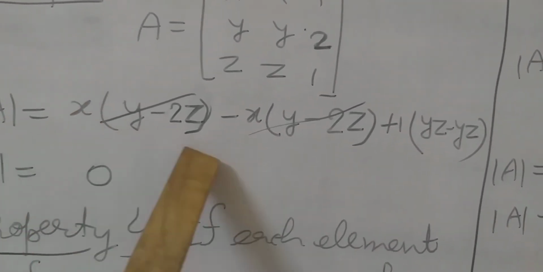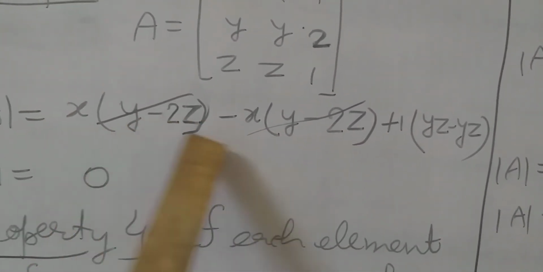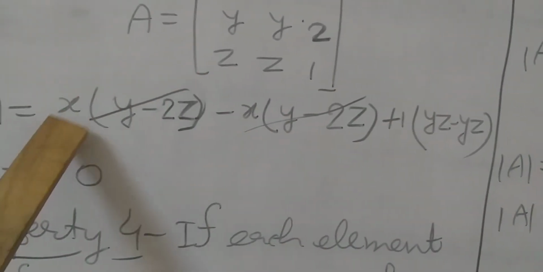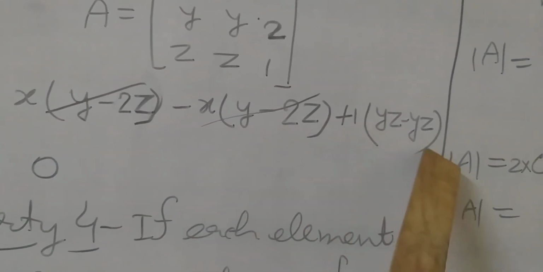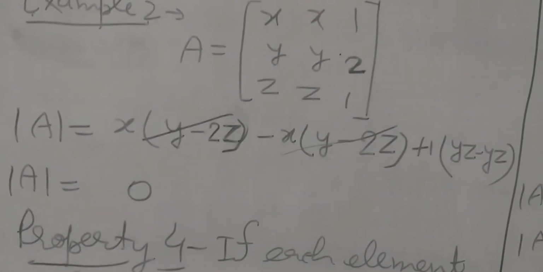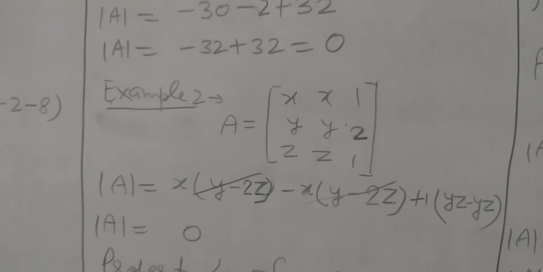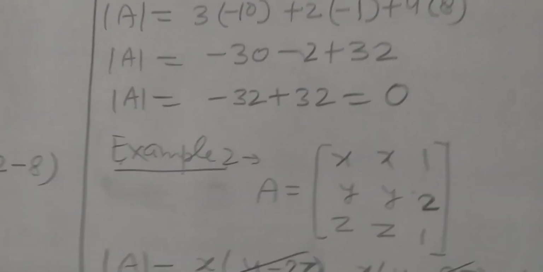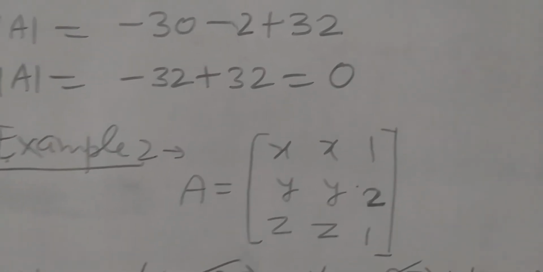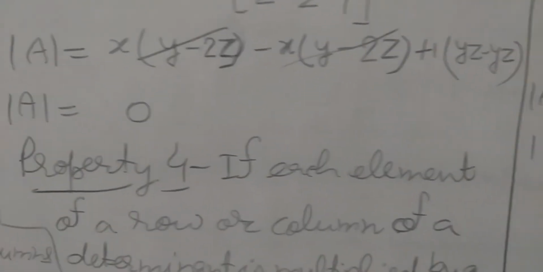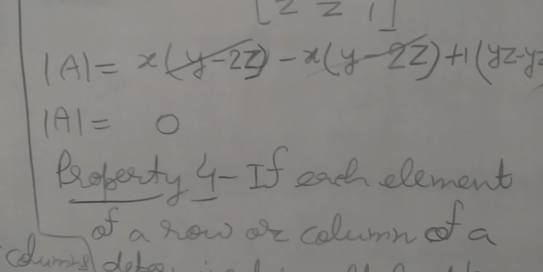So you can see this part and this part both are the same, but they have different signs, so both parts will cancel. yz minus yz is 0, 0 into 1 is 0, determinant is 0. So students, you have to remember that when two rows or two columns are identical, then its determinant is 0.